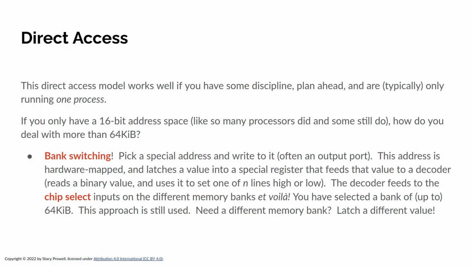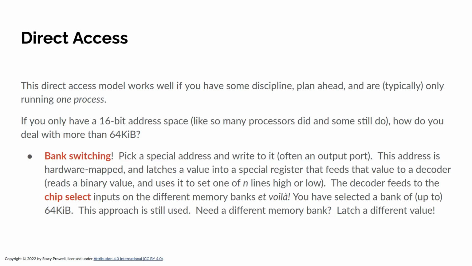But what if you have, and this was certainly a problem, in particular, if you're old enough to remember the Commodore 64 and the Commodore 128, you might wonder, how does the Commodore 128 work?